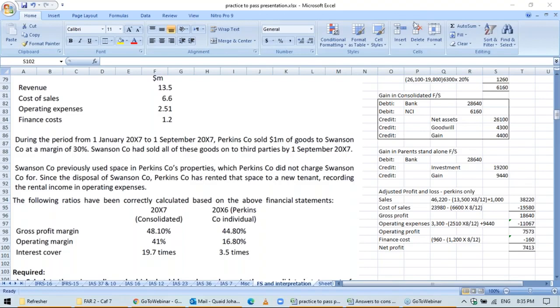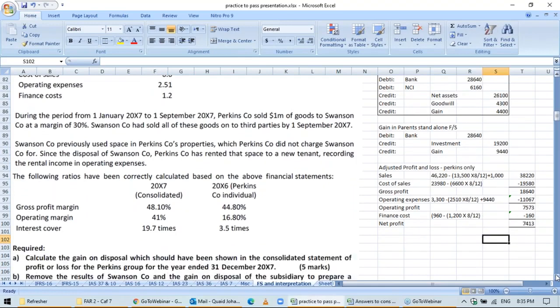Okay. So let's move ahead, students. Now, interpretation is attached to this question. Usually, the interpretation portion is attached to the consolidation question, right? So you should be prepared to do the interpretation of the same question of which you will be giving the consolidation work, right? So let's do the interpretation work now.